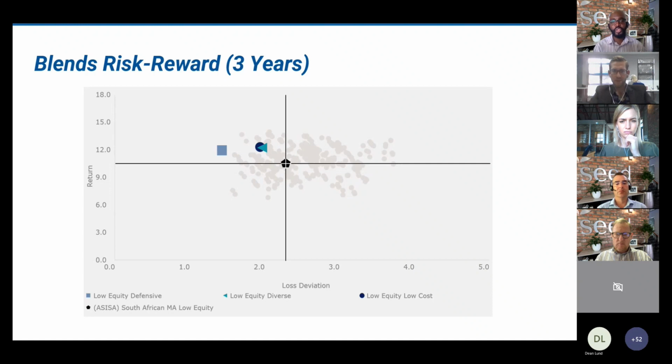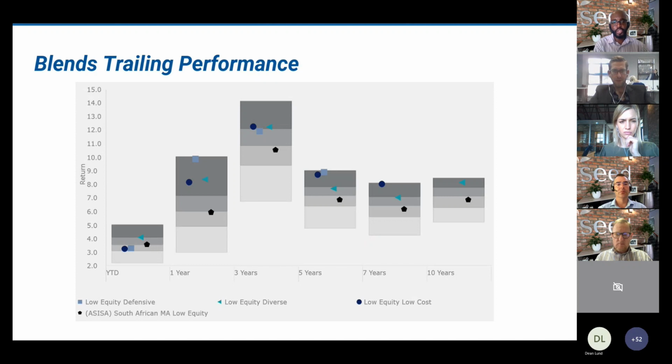So this is what we're trying to do: build portfolios that deliver more consistent performances over time. And if we just look at my last chart, which is just your trailing returns over time, from year to date up to 10 years, then you can see that these blending options are trying to deliver a consistent top quartile performance where possible.